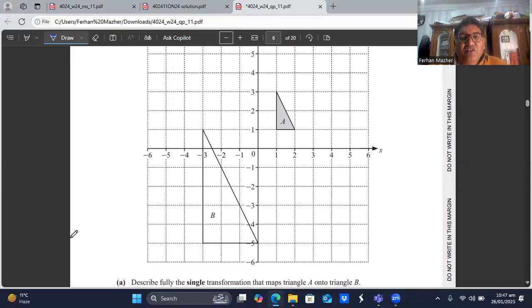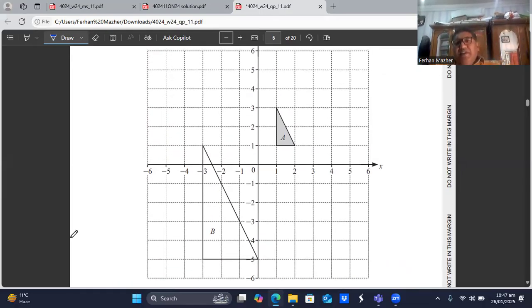3 marks question. So if you look at here carefully, you will see that the triangle A has been mapped onto triangle B. And because the triangle B is larger than the triangle A, it does not have the same size. The shape is same. So most probably this is enlargement.